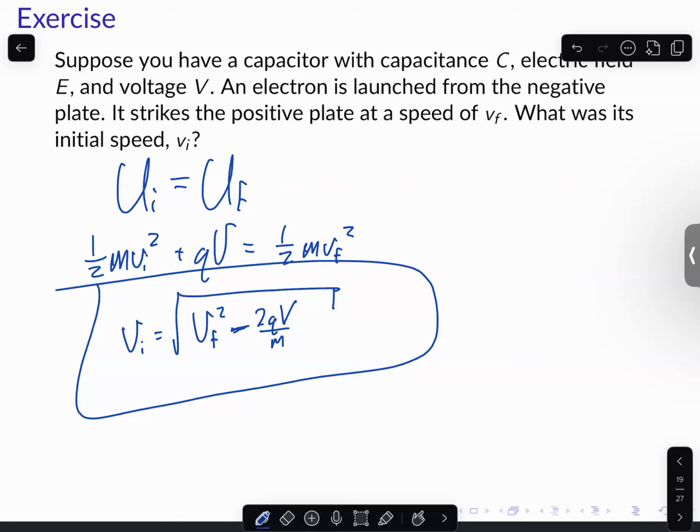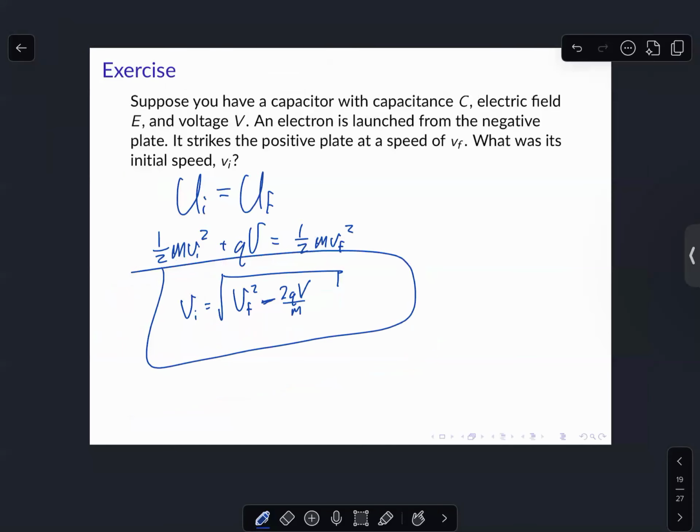My answer is that if I want V initial to be smaller than V final, I can't subtract a negative. Subtracting a negative would add and make V initial bigger. So it doesn't make sense to use a negative number for Q. I should use the absolute value of the charge of the electron.